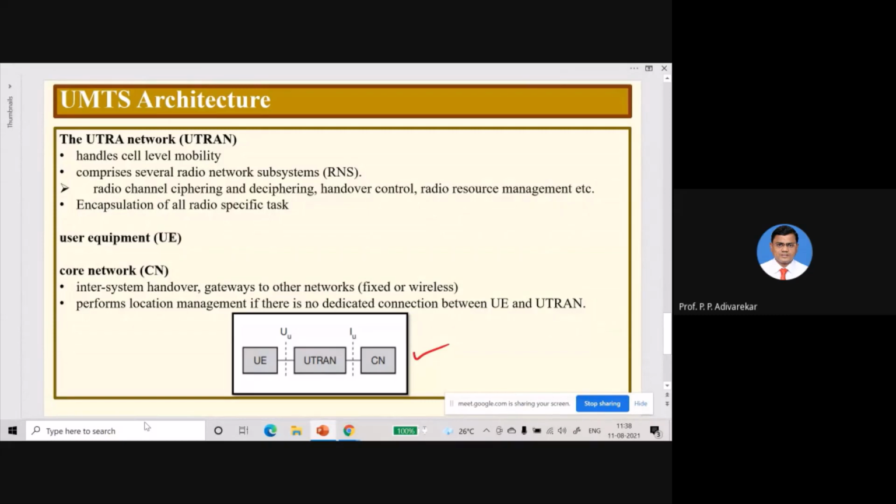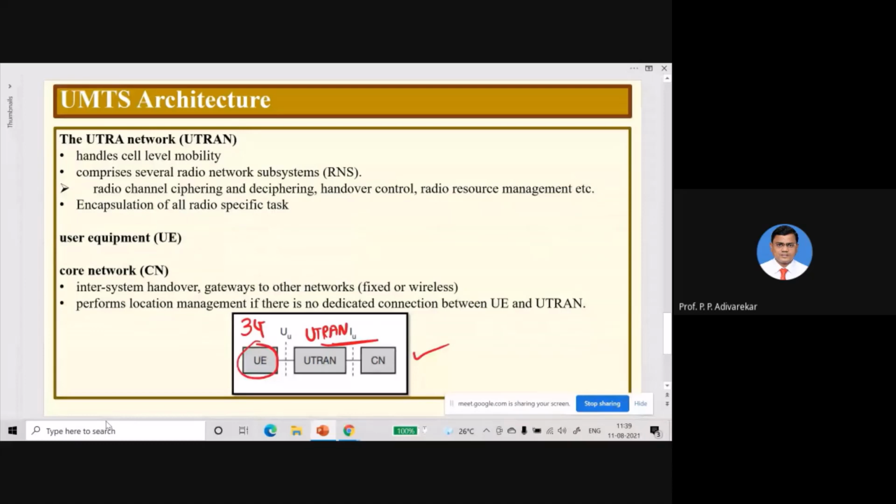The first one is the UE, that is the user equipment, which is supporting the third generation, 3G technology. Then the modification on the existing network, that is UTRA, which is based on the GSM and the core network. It is a mixture of both.